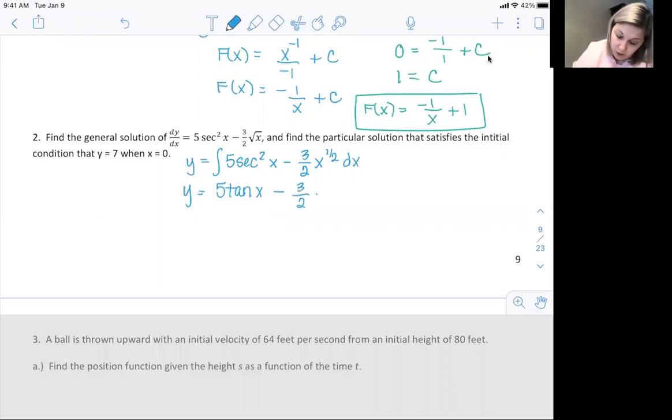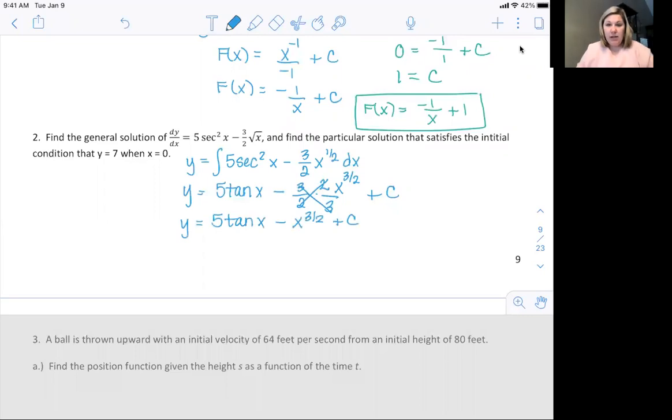We need to add 1 to x to the 1/2, so that makes it x to the 3/2, divide by 3/2, which is times 2/3, plus c. And that works out nicely. The 2/3 and the 3/2 cancel out there. And so now we have for our general solution, y is equal to 5 tangent of x minus x to the 3/2 plus c.